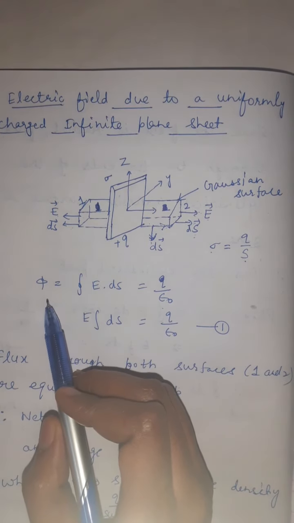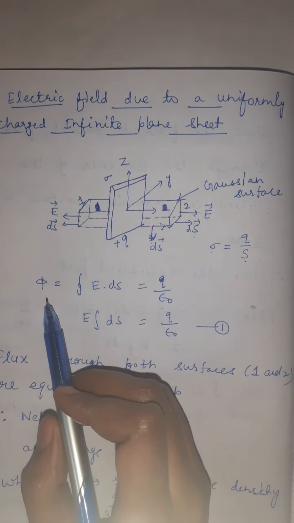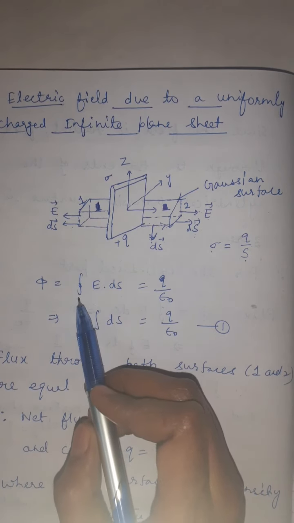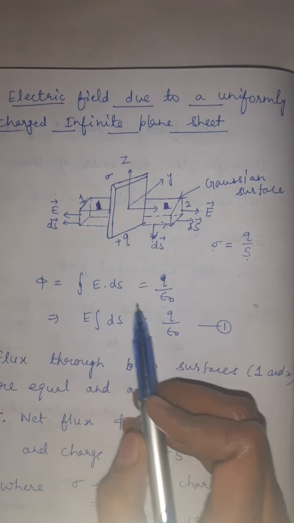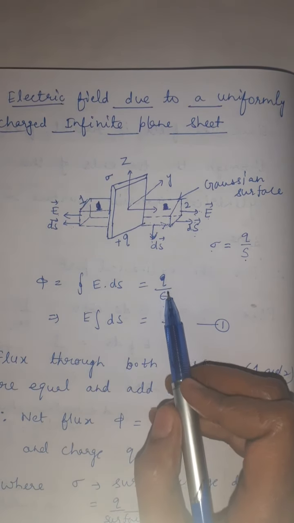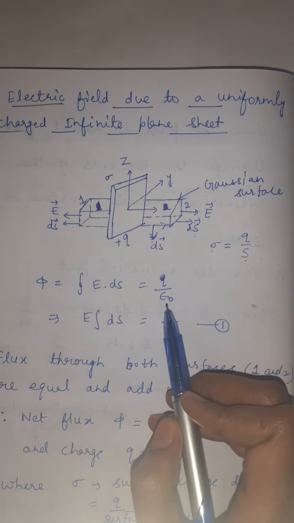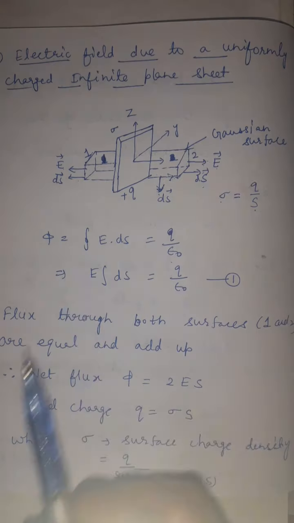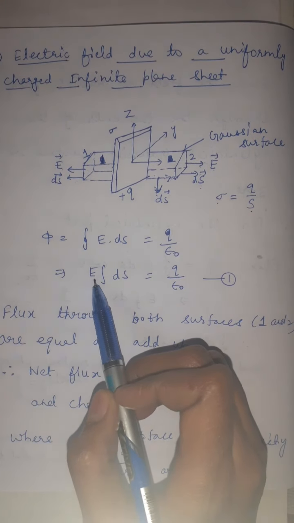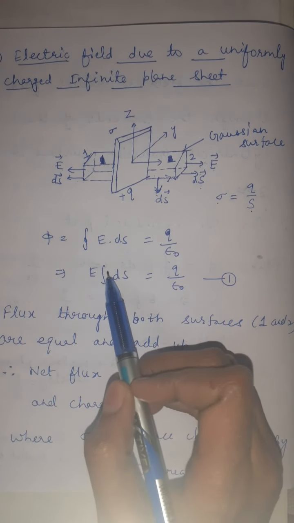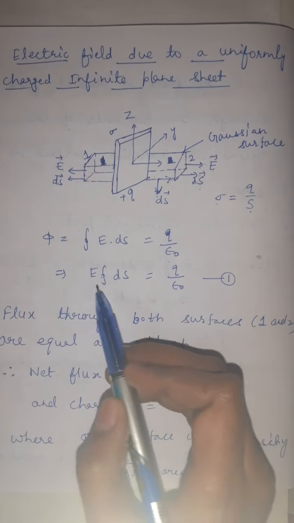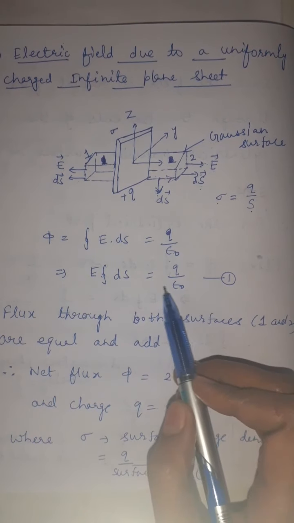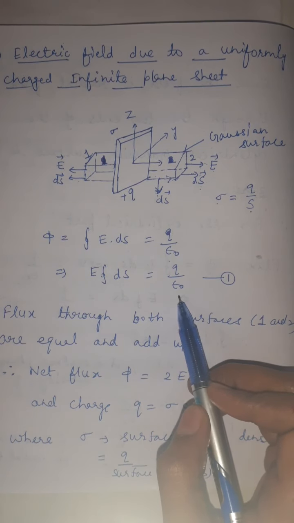Now, from Gauss's law, we know that the total flux phi is equal to the integration of E dot ds, which is equal to the charge enclosed divided by epsilon naught. Since the sheet is uniformly charged, we can take this electric field outside of this integration. We will get E integration over the surface ds is equal to q upon epsilon naught.